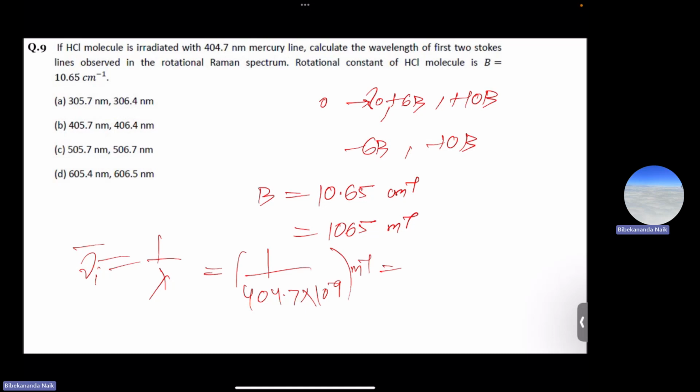If you calculate, it will give us 2470966.15 meter inverse.